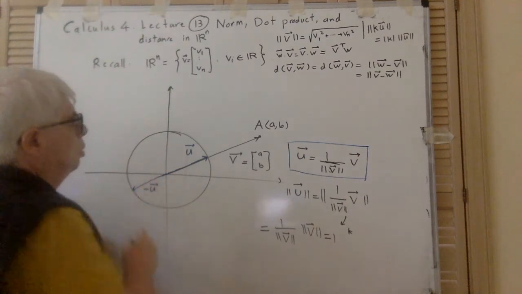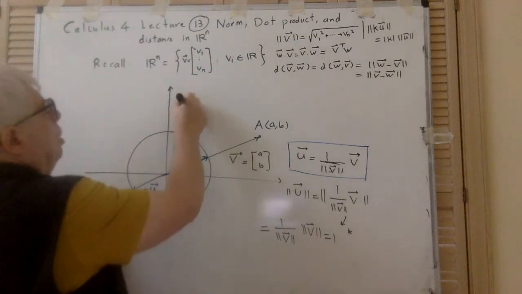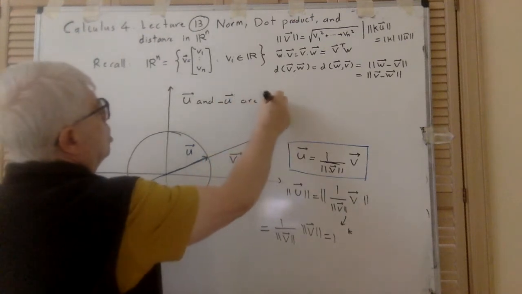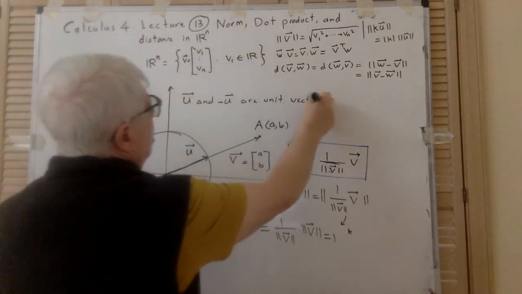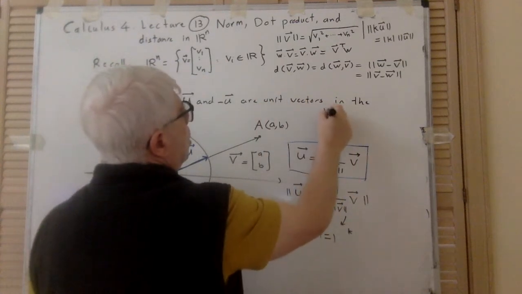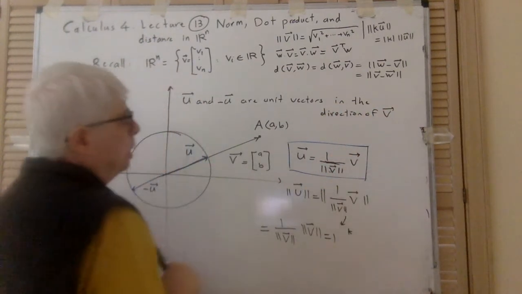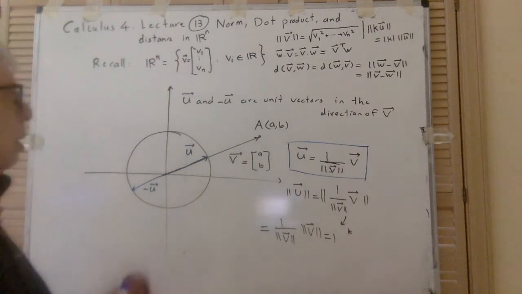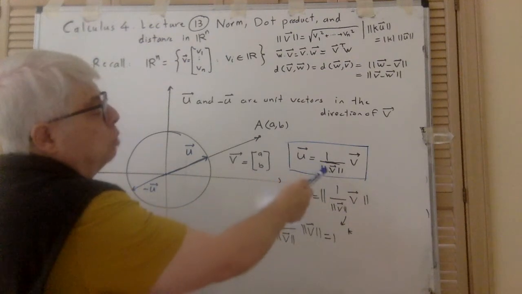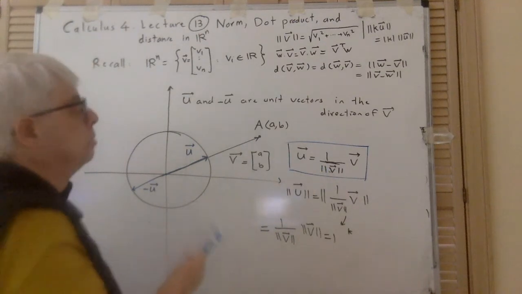Both of them are unit vectors in the direction of v. But usually we choose the positive one, the one divided by the norm of v, not by minus the norm of v.